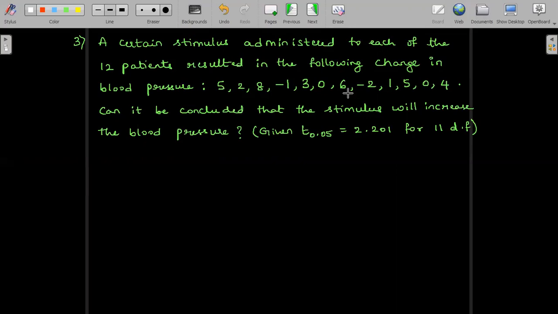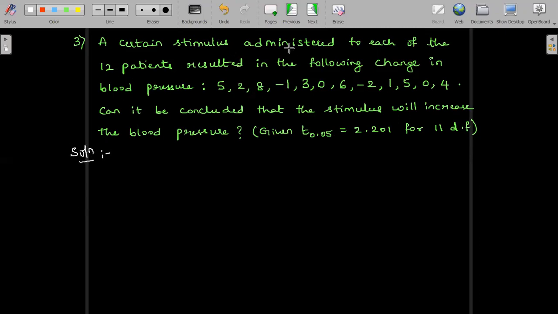And we have to assume the hypothesis H naught as the stimulus administration is not accompanied with increase in the blood pressure. Then only we can assume the mean value mu is equal to 0. So we can now obtain the solution.